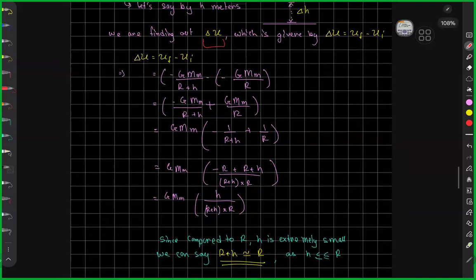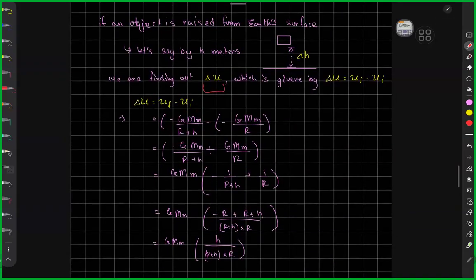So let's write it down. The final position is going to be minus GMm by (R plus h). That is this position. If this is the Earth's center, this is the R, and this is the h, so R plus h is my separation. Hopefully clear on that.